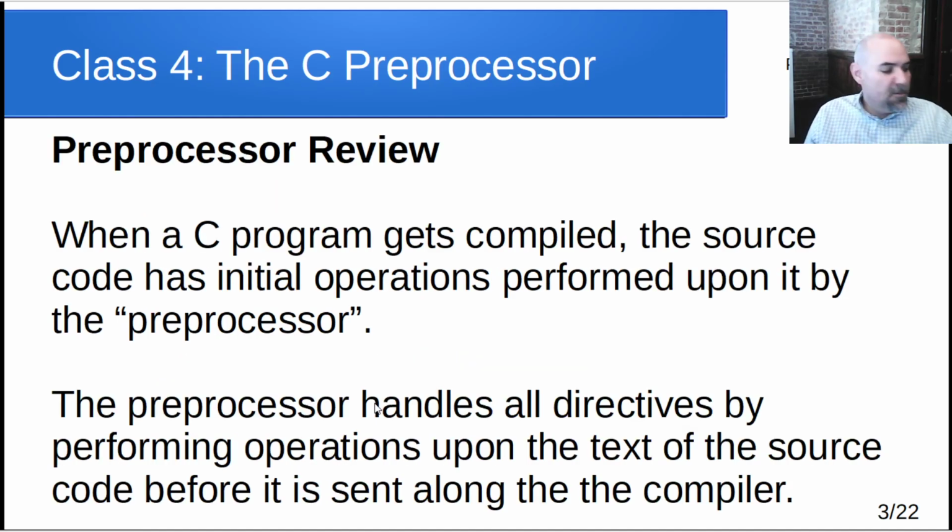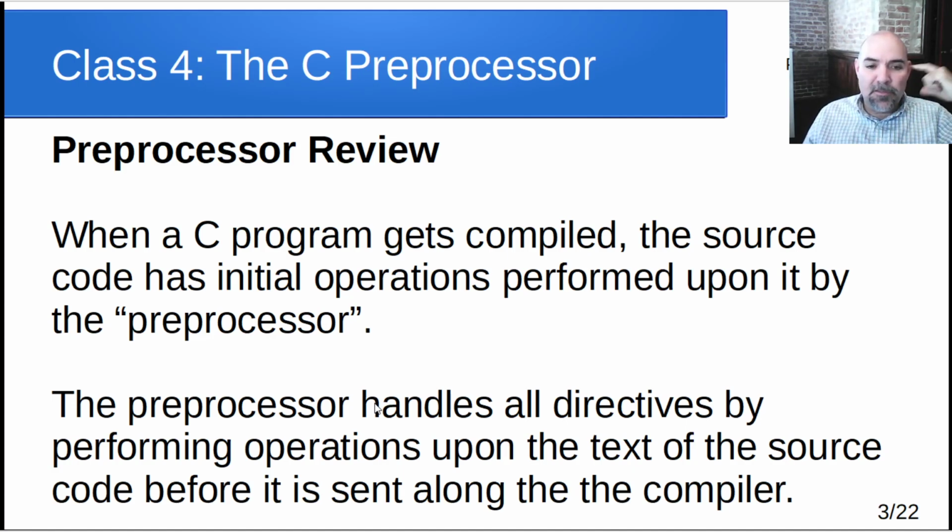So the preprocessor in review is part of the C language compilation process. Essentially, when a C language program gets compiled, the source code has initial operations performed on it by the preprocessor. It's like a two-stage compiling process that starts with the source code going through the preprocessor, which has operations done on the text of the source code itself, and then that gets moved on to the actual compiler.